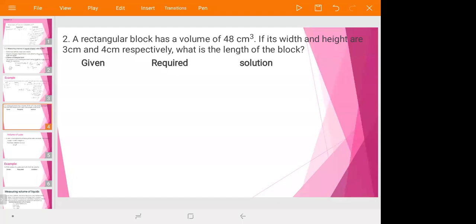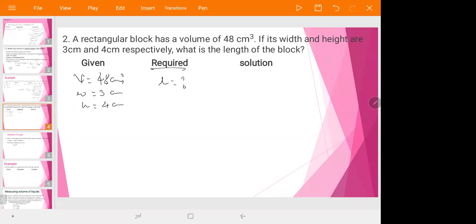For example, you have volume equal to 48 centimeter cube. Width is equal to 3 centimeter. Height is equal to 4 centimeter. What is required?